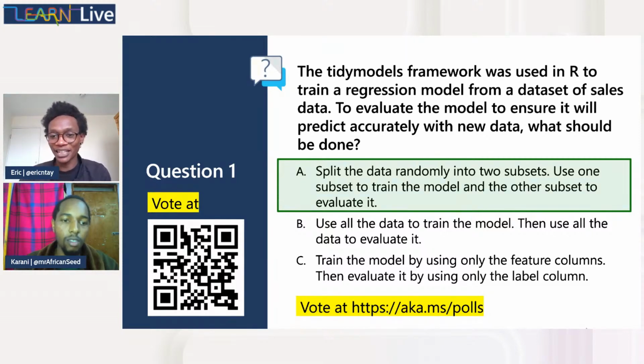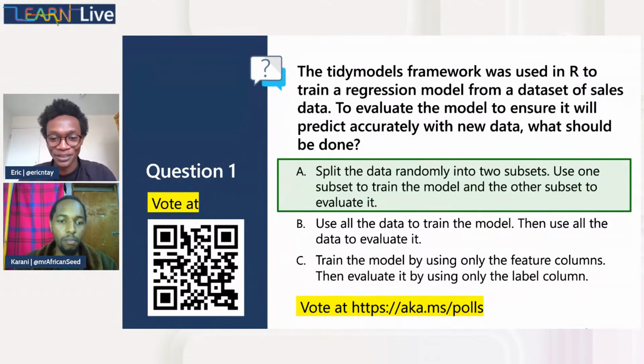This is really dangerous, especially with powerful machine learning techniques such as tree models or ensemble models, such as boosted trees or random forest, because they have a high ability to memorize the data and can give very optimistic results. You don't want to train and test on the same data, because you'll be lying to yourself. So that's why B was wrong.